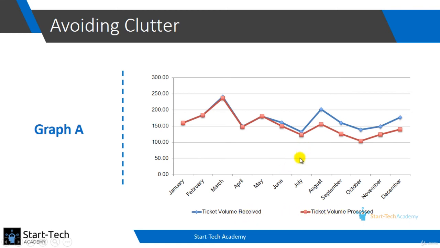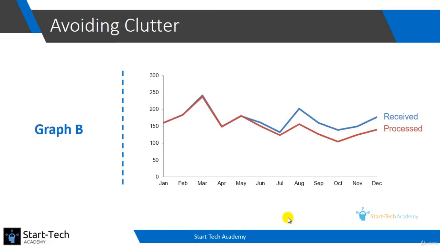Although it is giving us the information about the two data series, if we directly label the two data series, that is the label of the data series is near that data series plus the color used for that data series is the same as the color used for labeling it, it is easy for the audience to process that this data series is for the tickets received, and this data series is for the tickets processed.